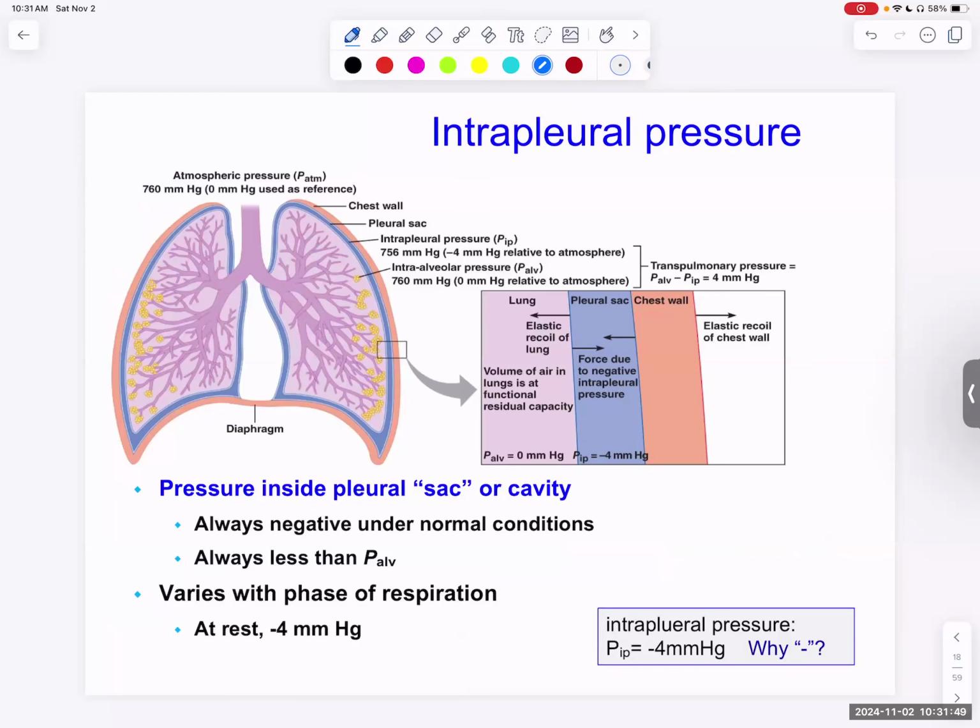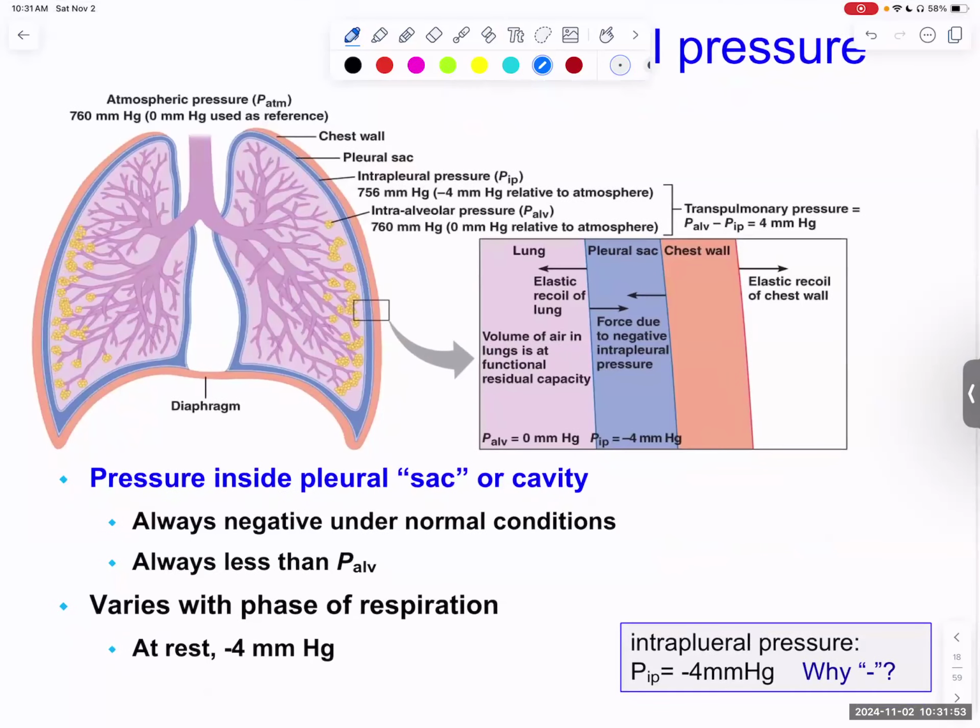Intrapleural pressure. If we're looking at the pressure here, it's going to be 756 millimeters of mercury compared to 760. So it's 4 millimeters of mercury less.